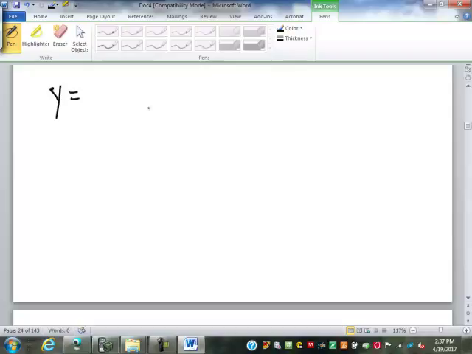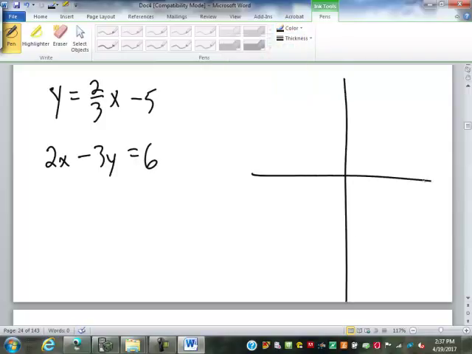So let's take y equals 2/3 x minus 5 and 2x minus 3y equals 6. Let's take a peek at this top equation.